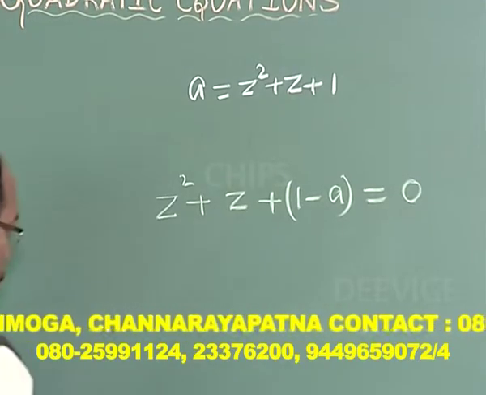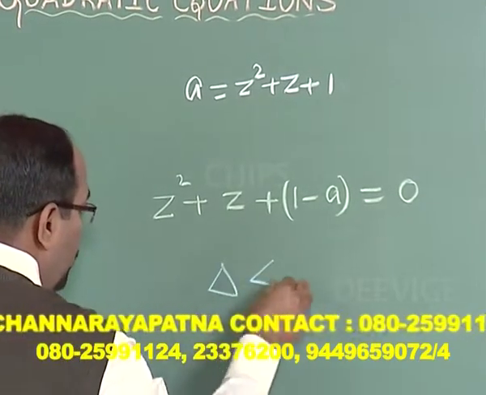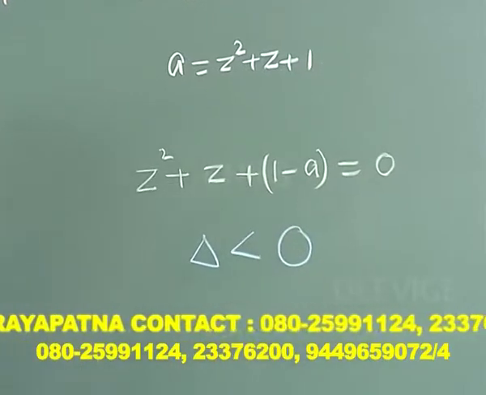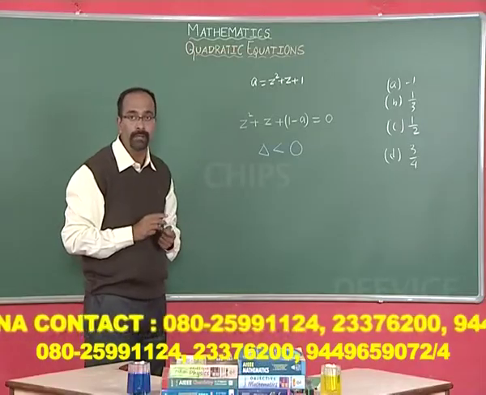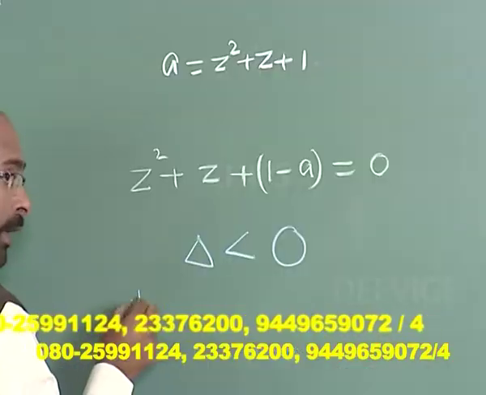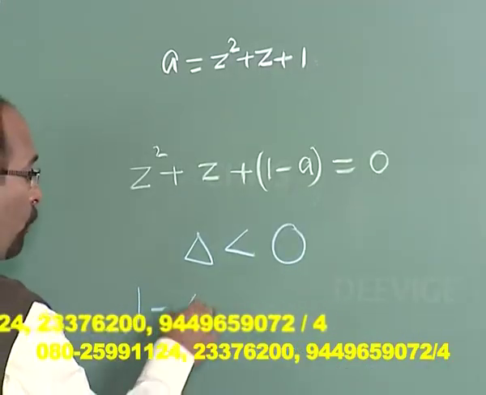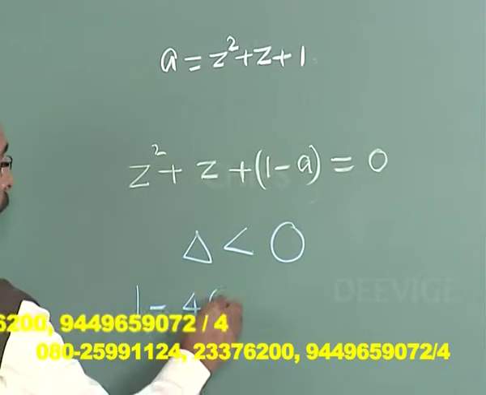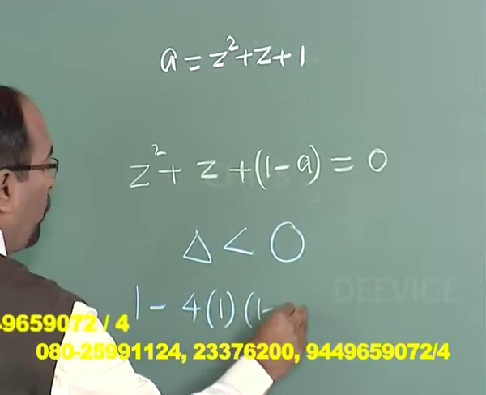Roots are imaginary is possible only when delta is less than 0. Now, the problem has become very simple. Delta is given by b square minus 4ac. What is b? 1. B square is 1 square minus 4 into what is a? A is 1. What is c? 1 minus a.